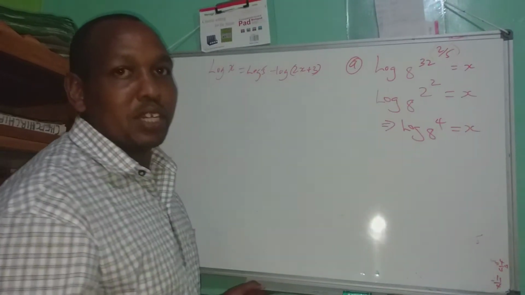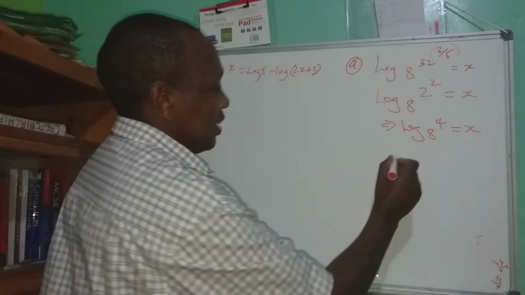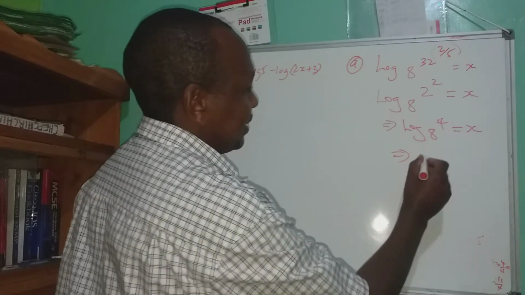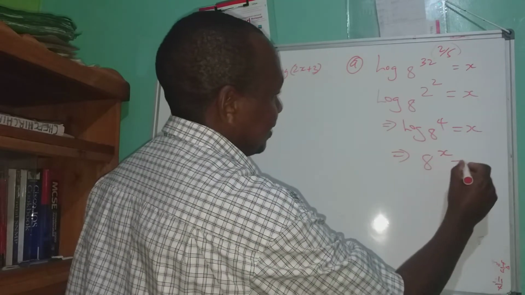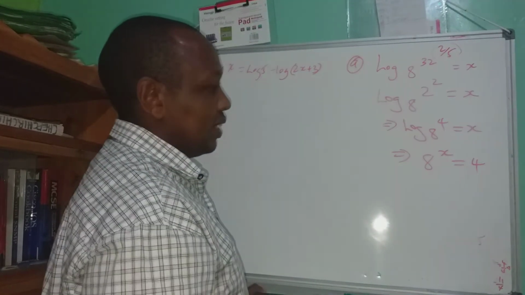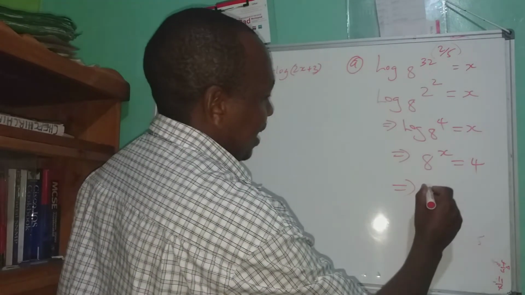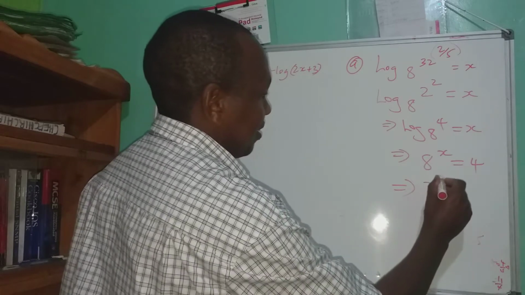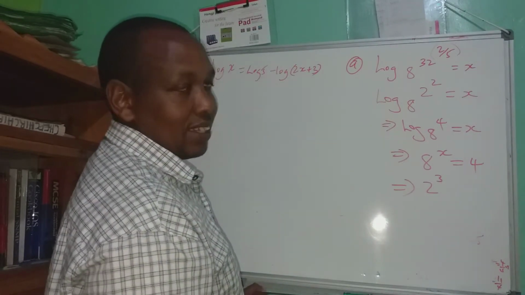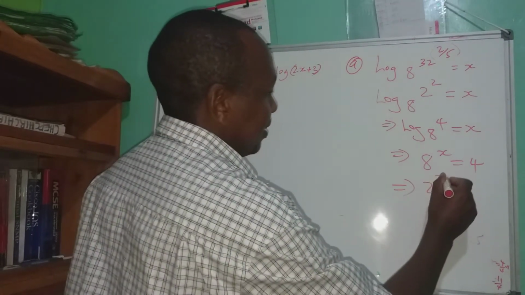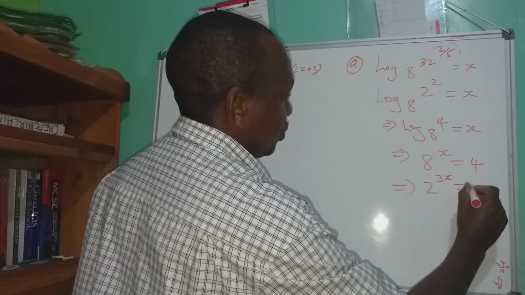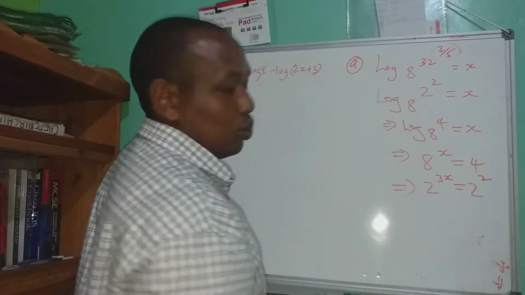To solve this, you can put it in exponential form. This is the same as 8 raised to x is equals to 4. You can simplify this by having 2 raised to 3, because 2 raised to 3 is actually 8. So 2 raised to 3x is equals to 2 raised to 2.